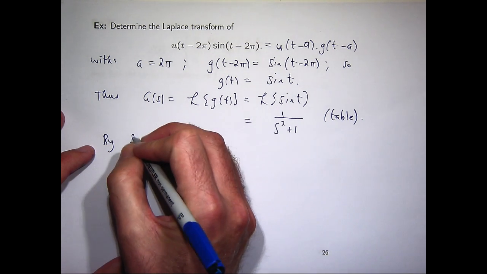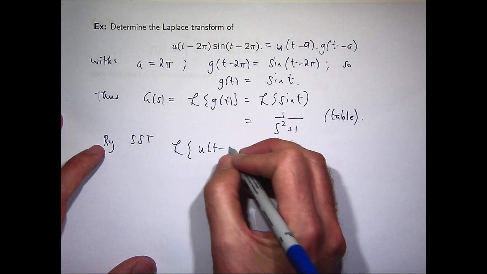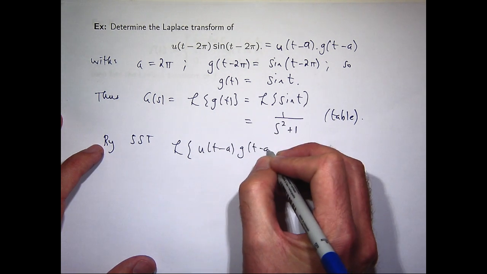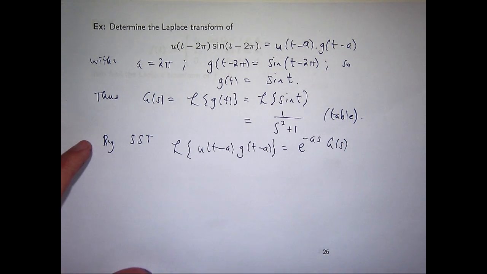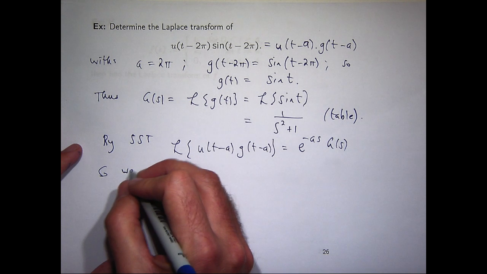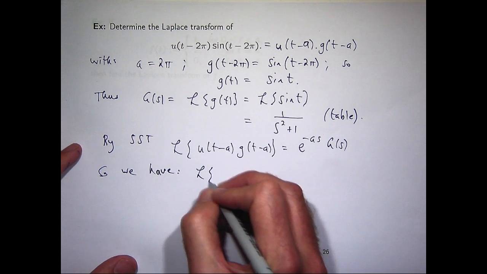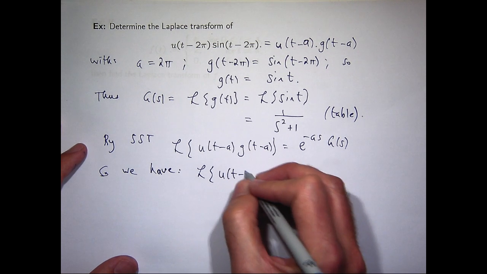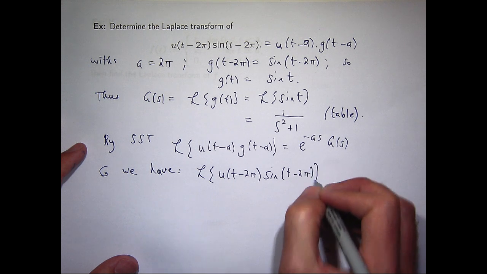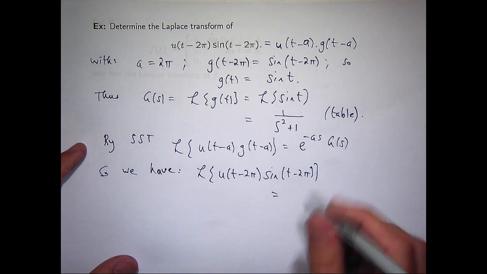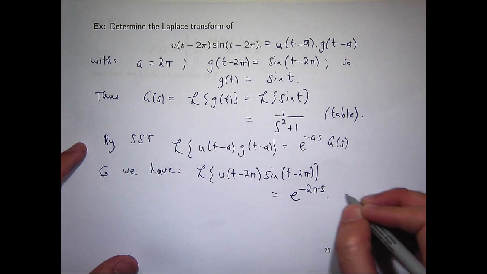So by the second shifting theorem, the Laplace transform of this product is this. So for our particular example, it's just this times e to the minus 2 pi s.